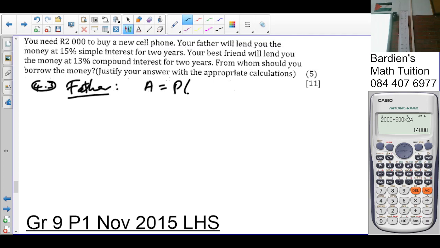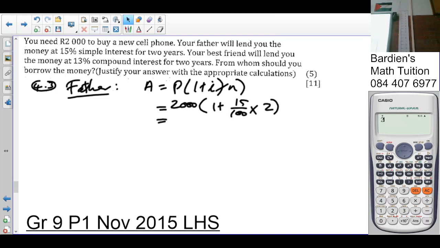A is equal to P into 1 plus I times N. P is your principal, which is 2,000 rand, into 1 plus I, interest, which is 15 over 100, times 2 years. So that gives us 2,000 into 1 plus 15 over 100 times 2, which gives you 2,600. So in total you must pay your father back 2,600.